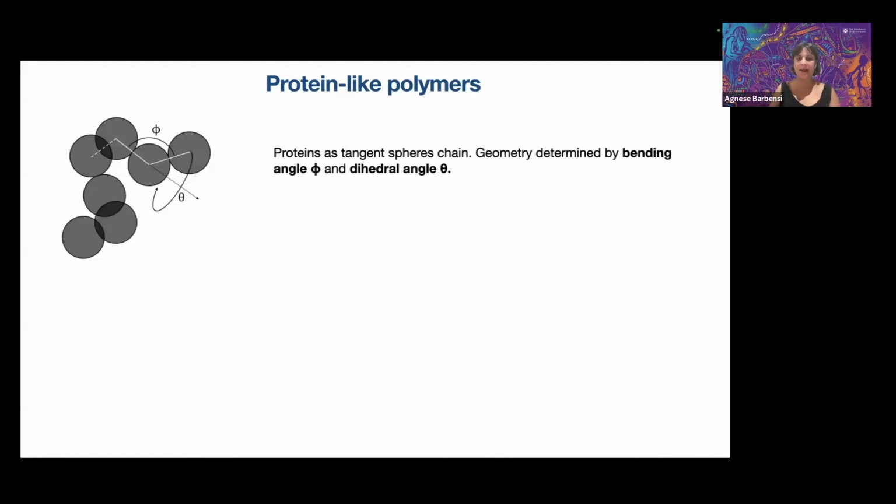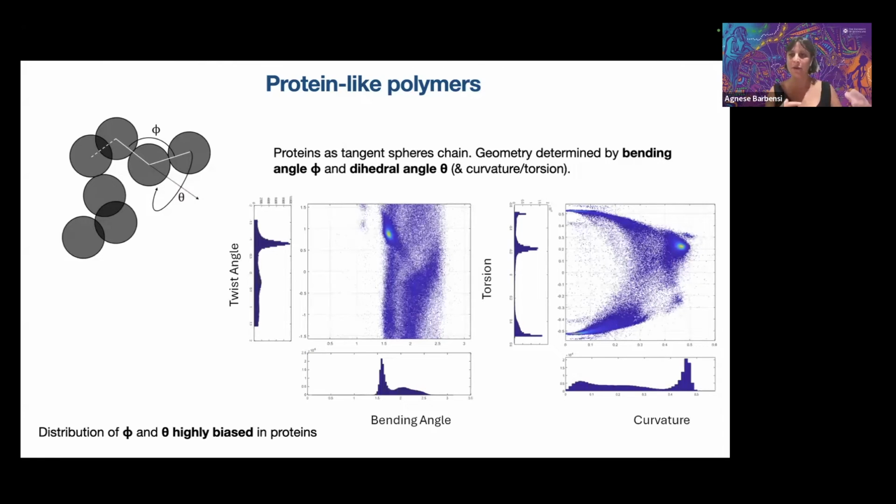And the main reason why we thought that is that proteins specifically are really not random polymers, right? They're really not random curves. On the contrary, they have quite a constrained local geometry, and the constraints of this local geometry can be quantified in terms of the local bending and dihedral angles phi and theta. I don't want to go into the definition of these angles.